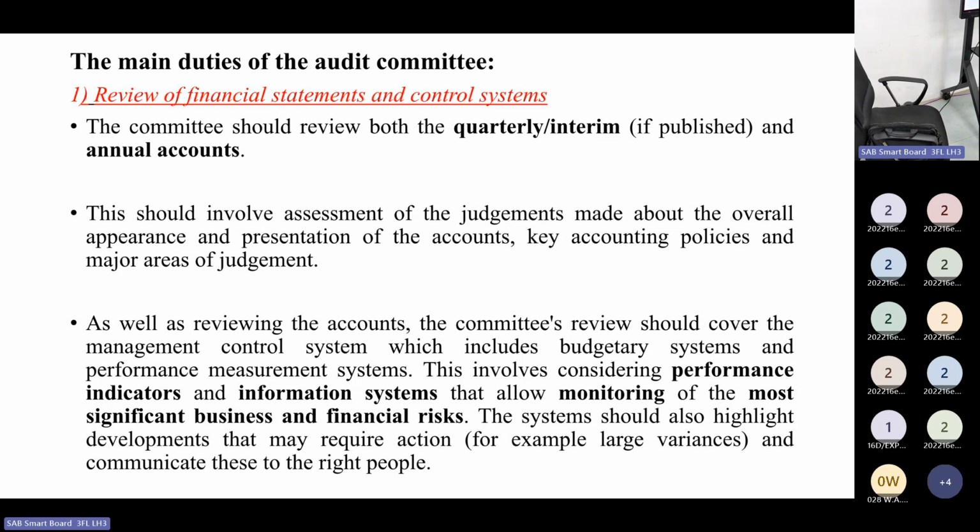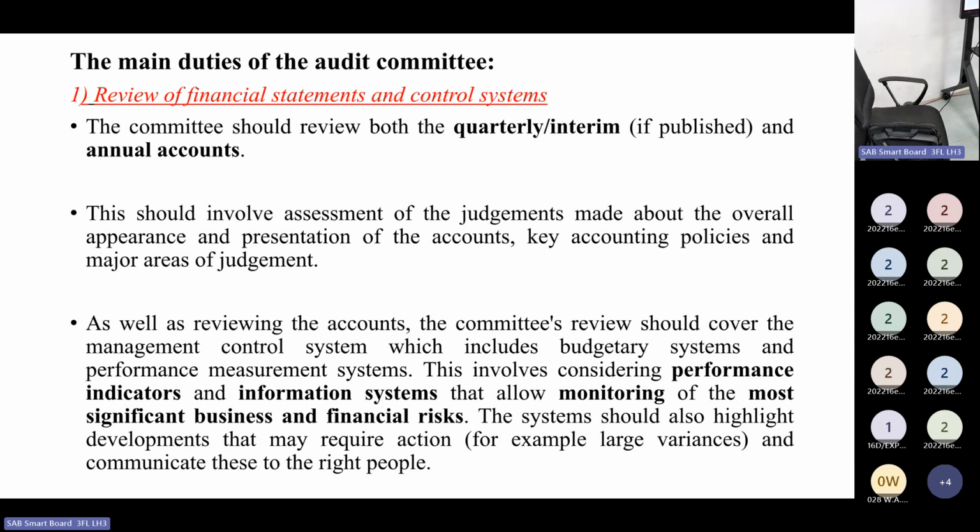Right? So මෙගොල්ලෝ මෙතන බලන්නේ while looking at their financial statements and their preparation, they also need to look at management controls, which mainly include budgetary systems and performance systems. Right? So they need to look at that. The system should also highlight developments that may require attention.